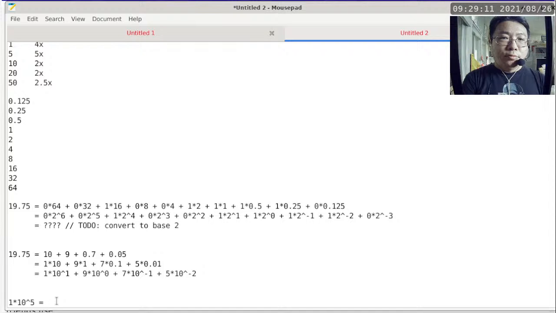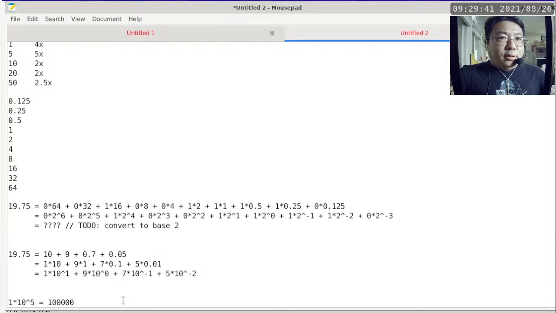So to write out 1 times 10 to the power of 5, it would be just 1 followed by, guess what, 5 zeros. So the number of zeros matches what power of the base we're dealing with here. Does that make sense? This is the convention. This is how a number is formatted.